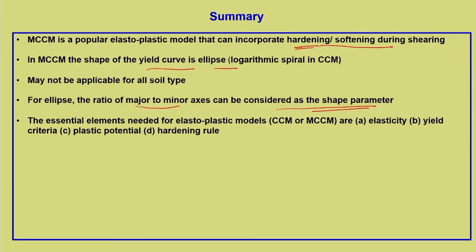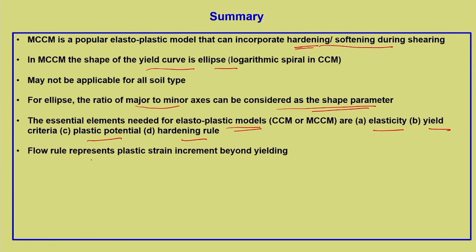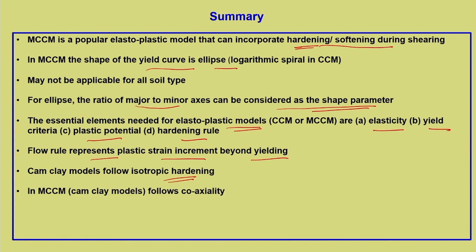The essential elements needed for elastoplastic models are elasticity, yield criteria, plastic potential, and hardening rule. All of them, the basic definition and what it actually means, we have discussed. Flow rule represents plastic strain increment beyond yielding. Camp clay models follow isotropic hardening. So these are basically hardening models.